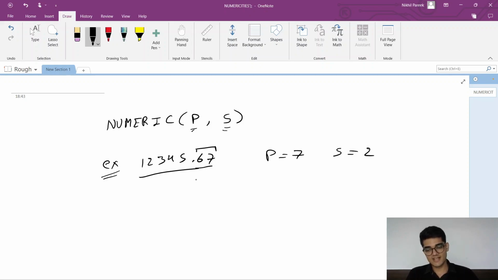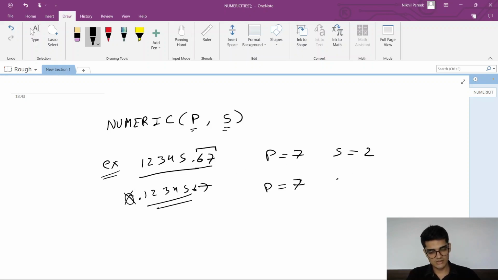Now let's take one more example: 0.1234567. What is the precision of this number? Precision is 7, because the total number of digits here is 7. We can say it is 0.1234567, but since the leading 0 is not counted, the precision is 7.